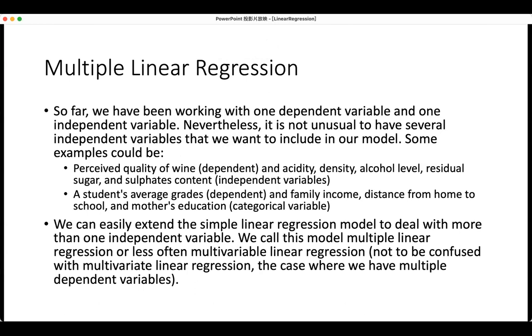So back to the class. Okay. So in case you see a wine has a high level of sulfate content, don't drink it. A lot of the time when you get drunk, you have a hangover, right? The reason for the hangover is most likely caused by the sulfate content.